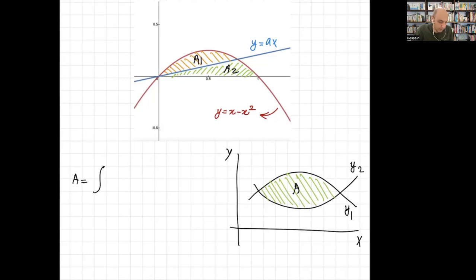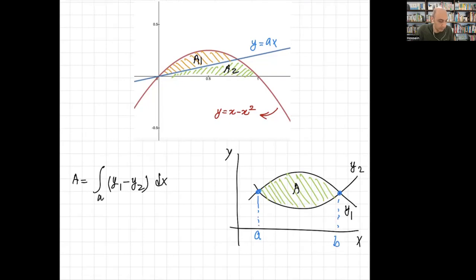We take the integral of y1 minus y2 dx, and the limits for the integral are from a to b, where a is this intersection here, and b is this point.